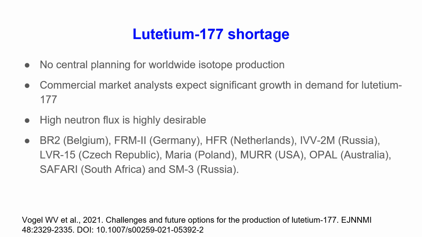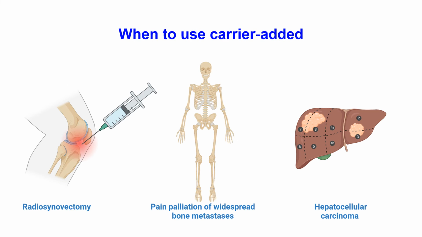Now, there is a shortage of lutetium-177, although people are working on it, and there is a significant growth of demand for lutetium products. There are only a few facilities in the world that can make lutetium non-carrier added. So we can still use the carrier added. We just have to be more specific about which cancers we use this for.